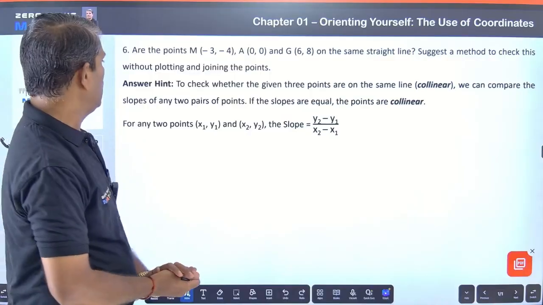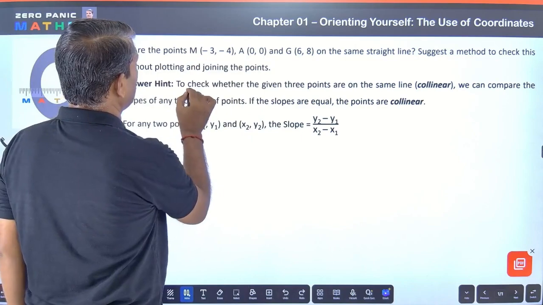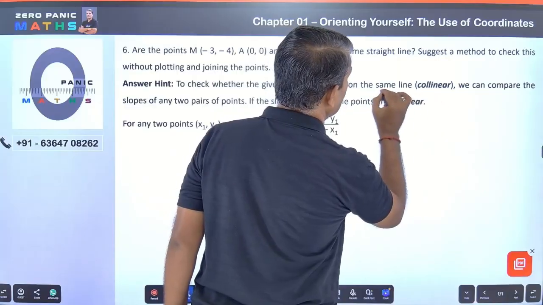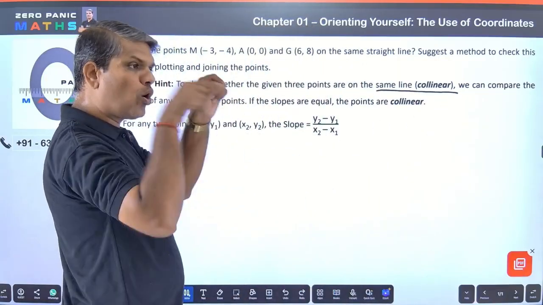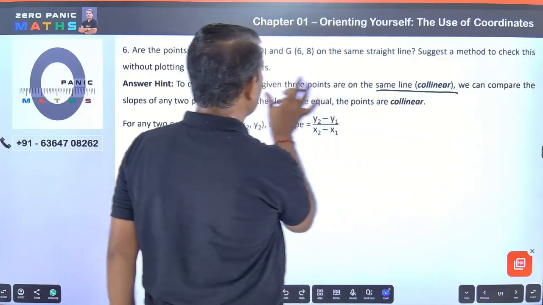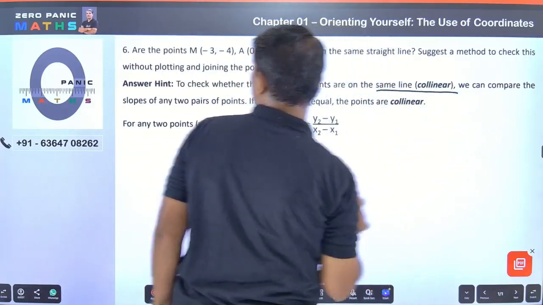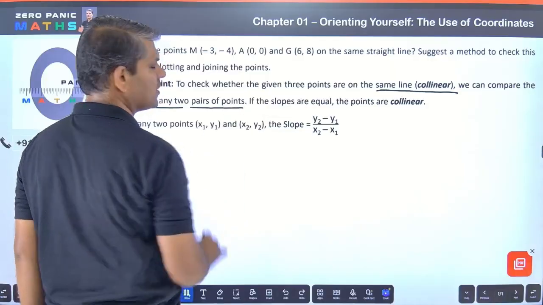Now there is a hint that I've already written: to check whether the given 3 points are on the same line, and same line means collinear. A linear line is a straight line, collinear means coming on the same line. To identify whether the given 3 points are on the same line, we can compare the slopes of any two pairs of points.